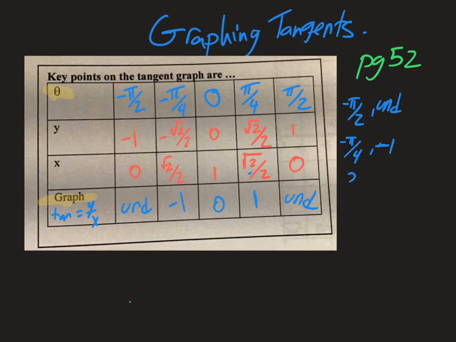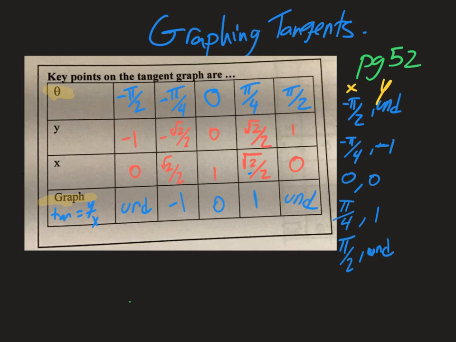We've got 0 and 0. We've got pi over 4, positive this time, 1, and pi over 2, and undefined once again. So these are the key points for tangent. Again, these are just coordinates that go x, y, okay?